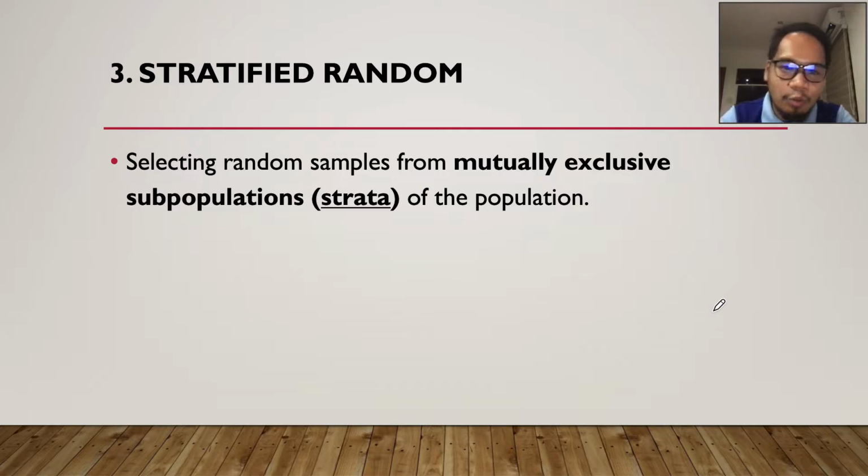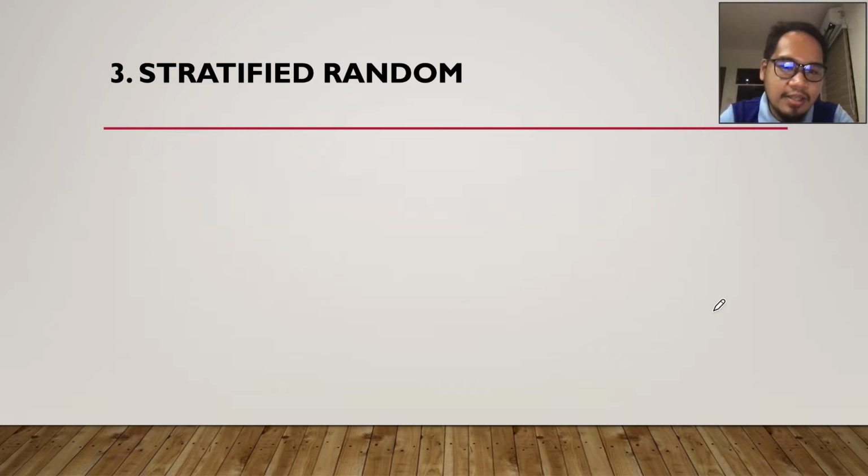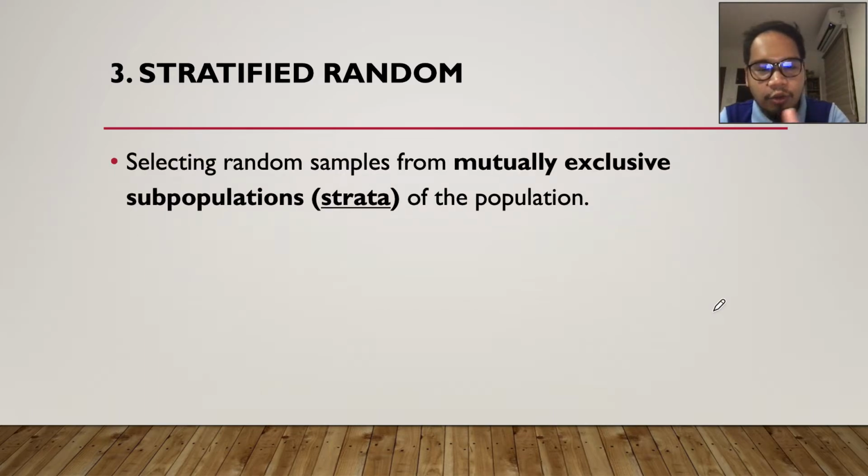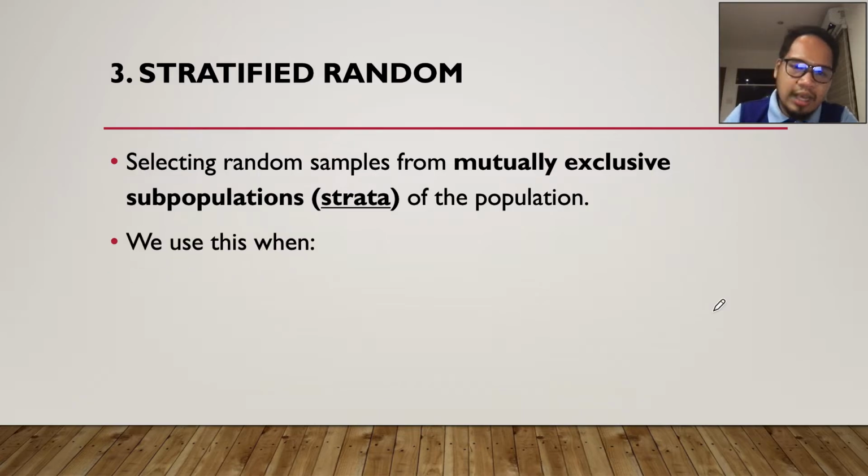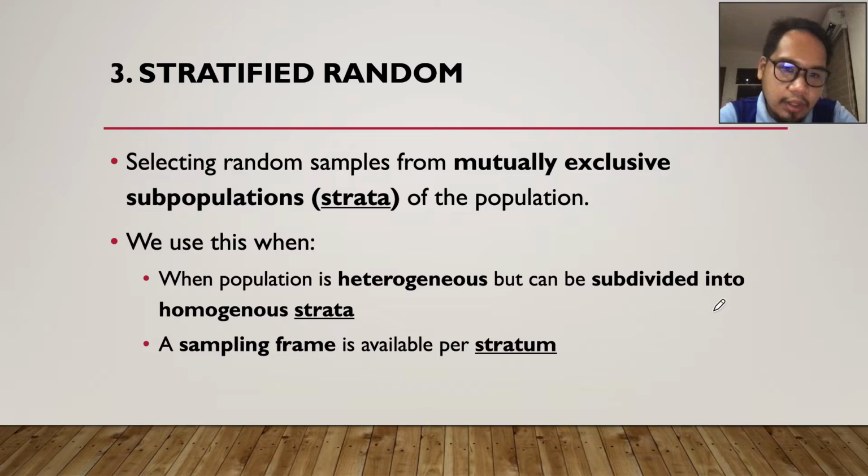For example, if you want to get a representative per stratum, say for instance, sex. You want a representative of the males, you want a representative of the females, so you use stratified random sampling. In some books, they have two more types of stratified sampling: the equal, if the word is correct, and the proportional. By default, we always use the proportional.